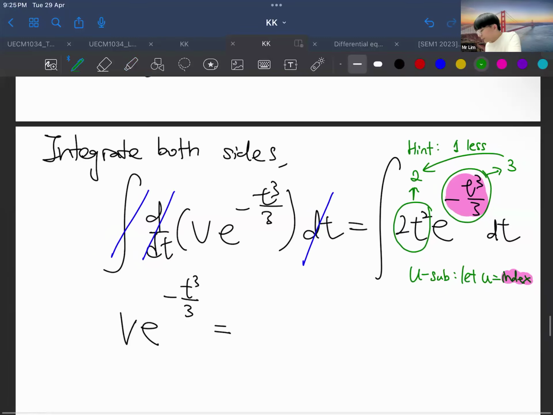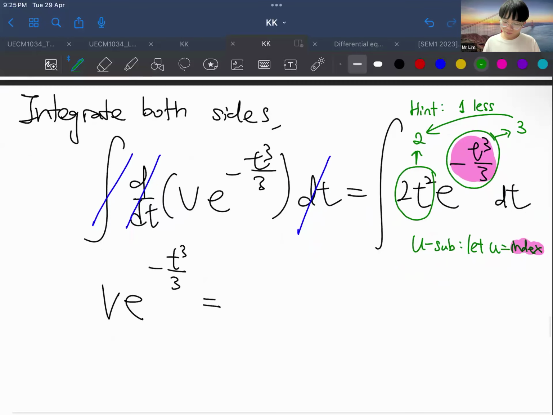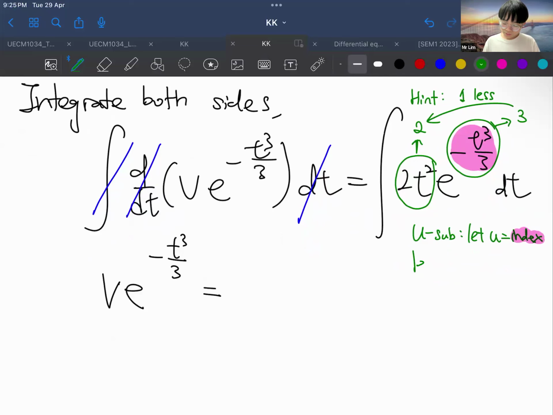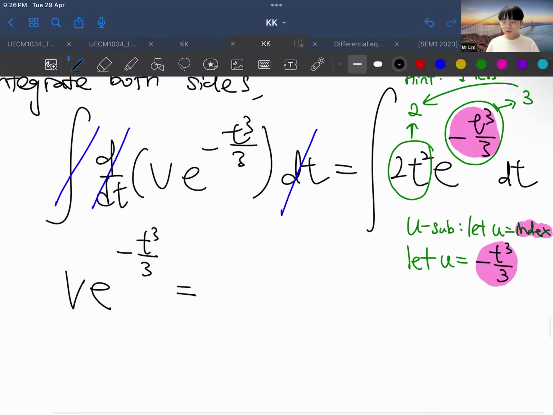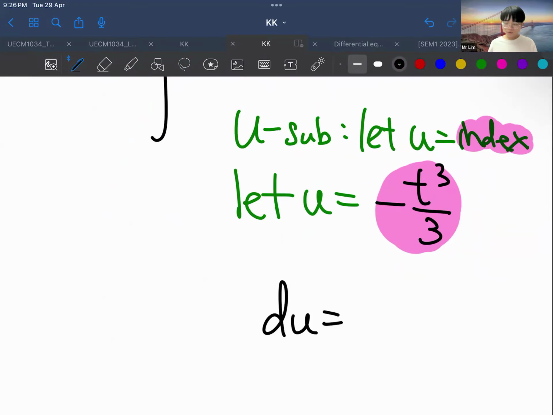Let us try, then only you understand what I'm writing. Let u equal negative t³/3. That is my index. Then du is equal to, the 3 cancels, right?